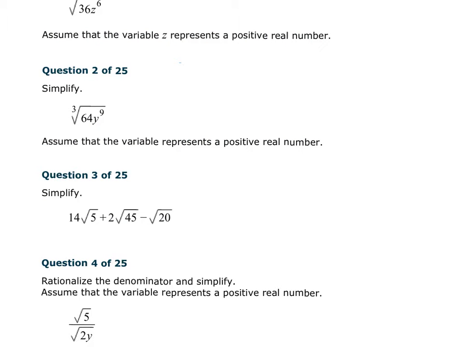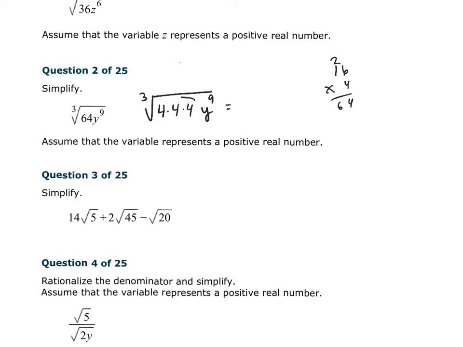Same idea with this one, except now we have a cube root. So 4 times 4 times 4 is going to give you 64, because 16 times 4 gives you that 64. Okay, so then we have y to the 9th. Now I'm not going to waste time writing that out, because we're just going to use our trick from the last one.